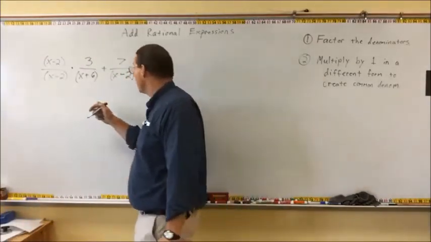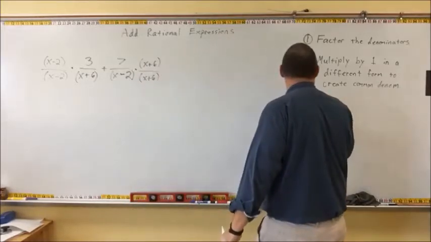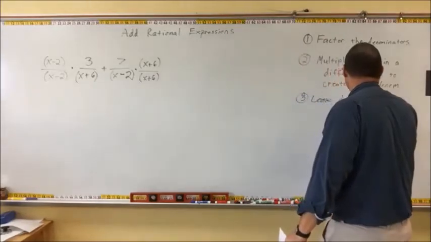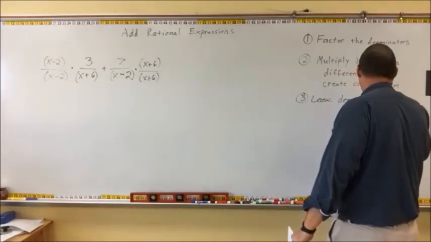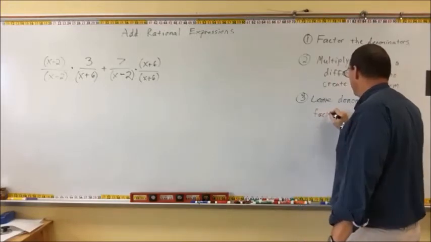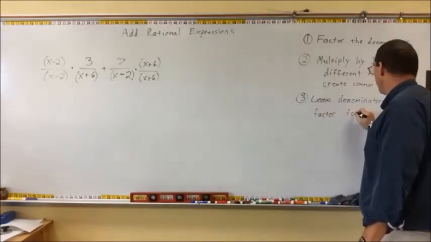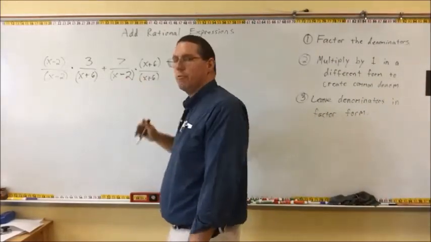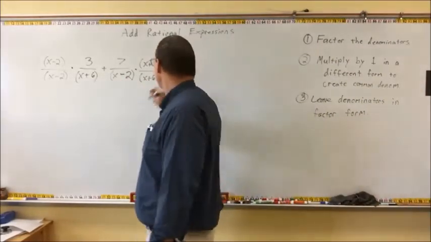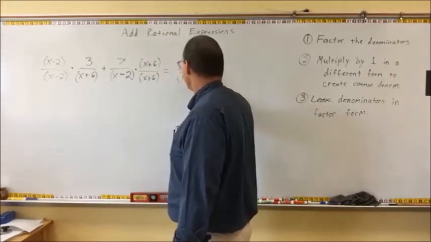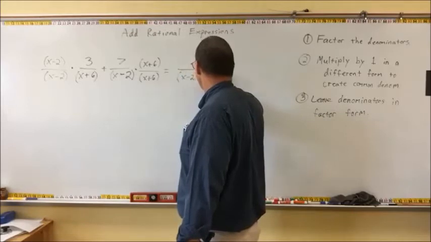So, now here's the thing. Step 3 is leave denominators in factored form. What I mean is this. Do not multiply out the x minus 2 times the x plus 6. Just leave it as, watch this, x minus 2 times x plus 6.